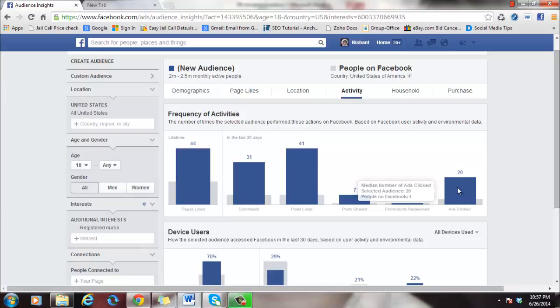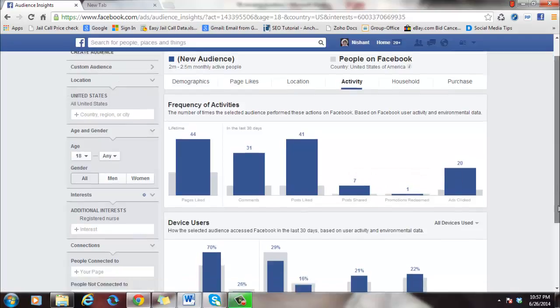So that gives you even more confidence in your ad, even more data about your ads, even more data about your demographics, and hopefully you're going to take this and use it for your campaigns.